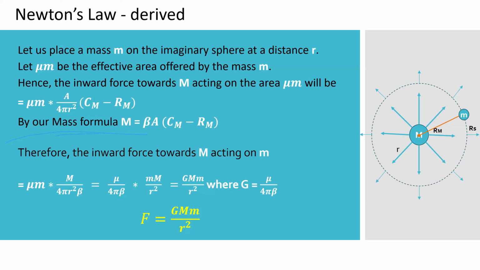Sir, this 4 pi r squared you are putting as area over here, no? Sir, 4 pi r squared is the total surface area of the sphere, correct? Of the imaginary sphere we consider. Okay. Correct.